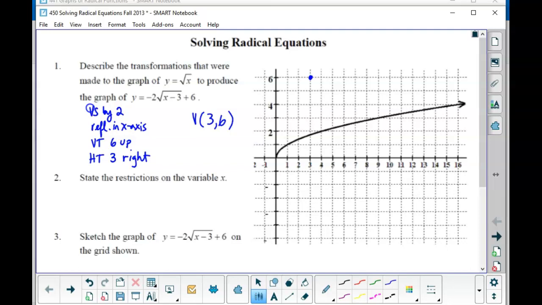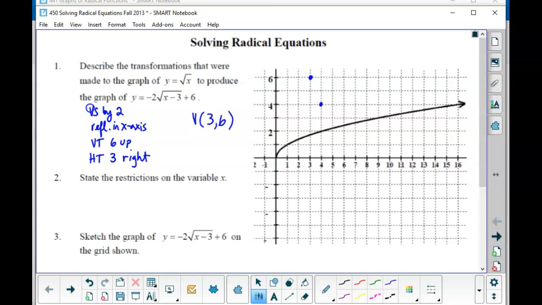Hopefully it has been reflected, because there's not enough grid paper if you're going up from there, right? So think about it. Normally, for 1 unit over, you go 1 up. So now from the vertex, 1 unit over, I'm going to go 2 down, because it's been stretched by 2 and then reflected.